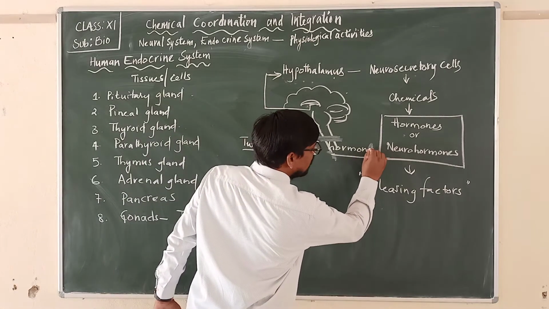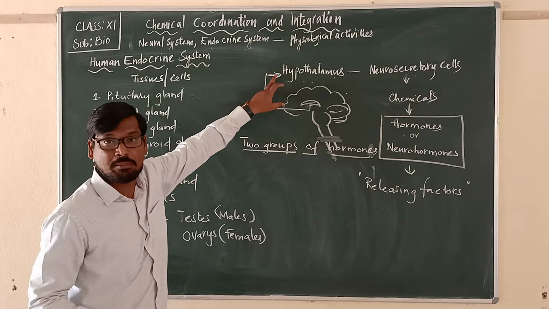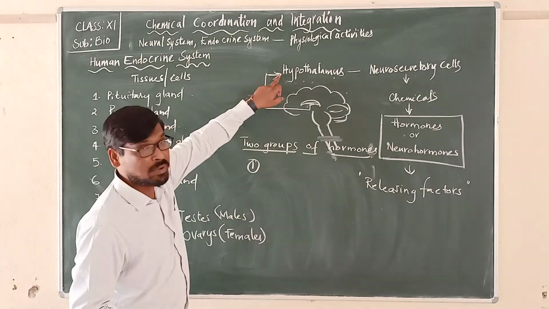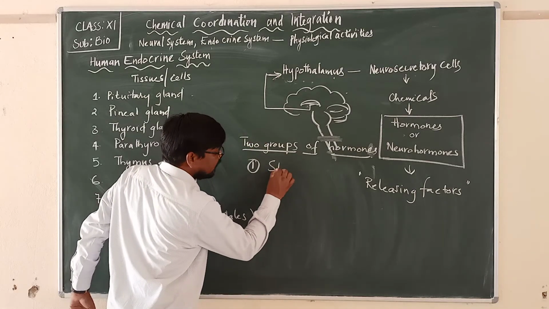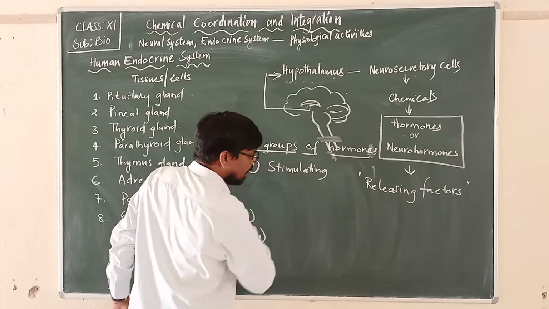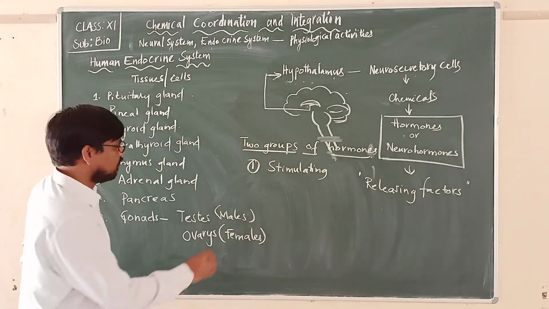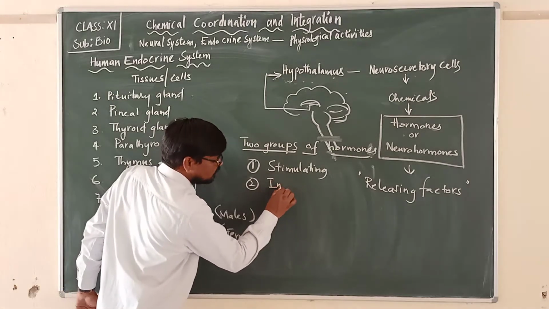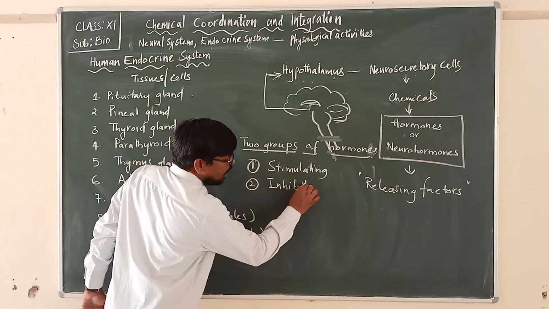What are those two groups of hormones produced from the hypothalamus? The first group are called the stimulating hormones, and the second group are called the inhibitory hormones.